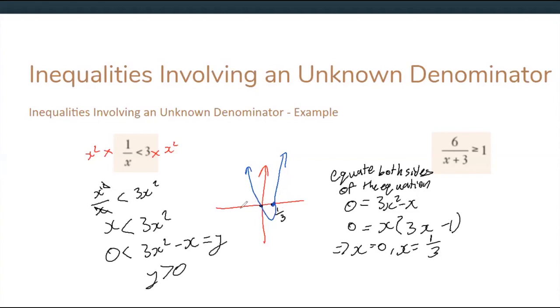Well, it's greater than 0 when this blue parabola is above the x-axis. That's going to be over here and over here. So that implies that x is less than 0, or x is greater than a third.